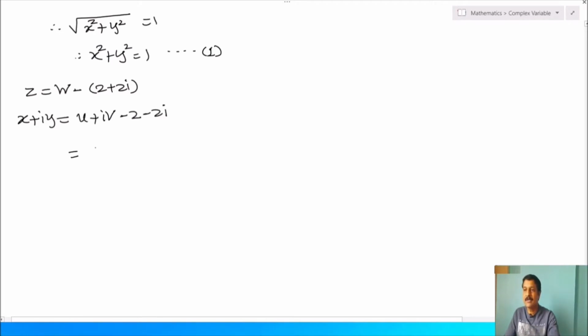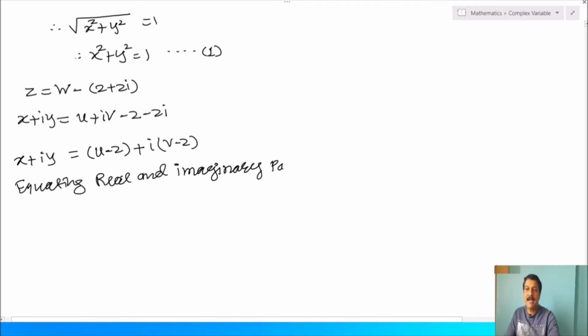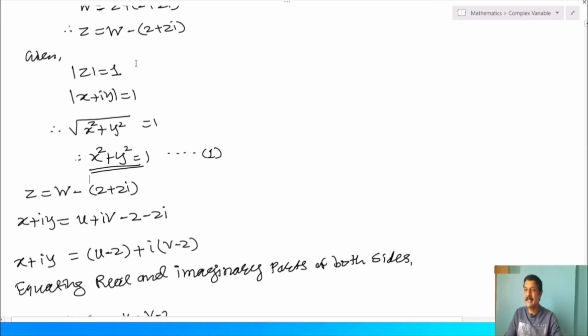So that is equal to, collect the real part of the right hand side, also the imaginary part. Equating real and imaginary parts of both sides, we get x equal to u minus 2 and y equal to v minus 2. Now the image is given, mod of Z equal to 1, means x square plus y square equal to 1.